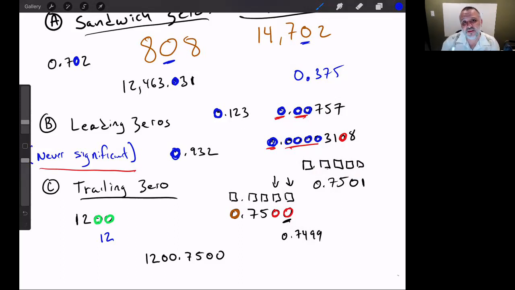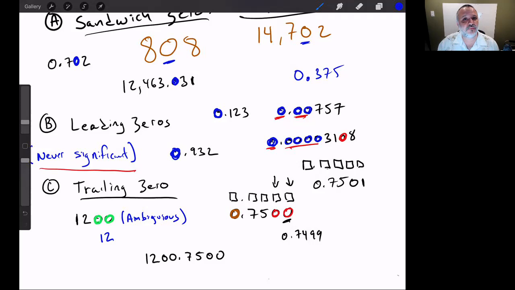So the truth is that the word that we use is ambiguous. In other words, what we're saying is that the 1200, it may or may not be significant. We don't know.